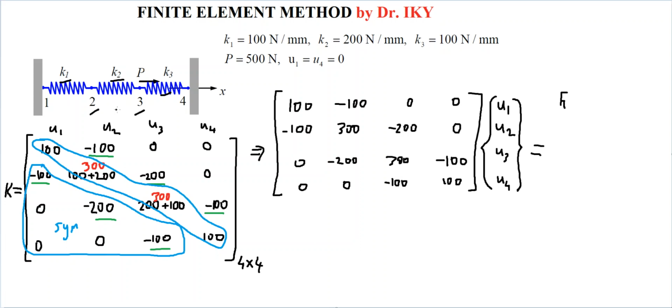This time we will add that value at the third. We already know that it is the P force, with the value P. I know that F1 and F4 are the reactions.